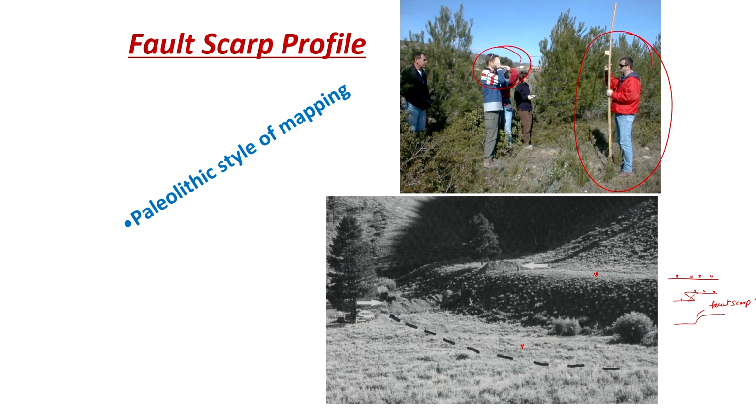Now, the most important part is that the portion which is like this has gone up along the fault here. So this portion will show a deformation; this portion is deformed, and this side will be undeformed.